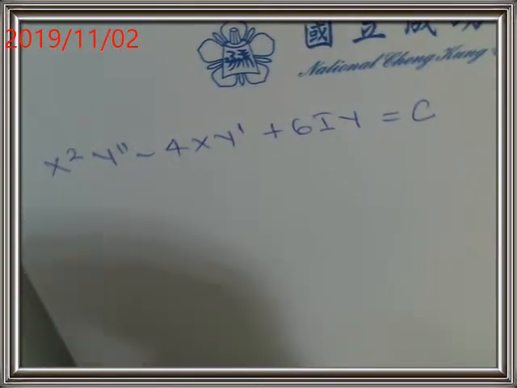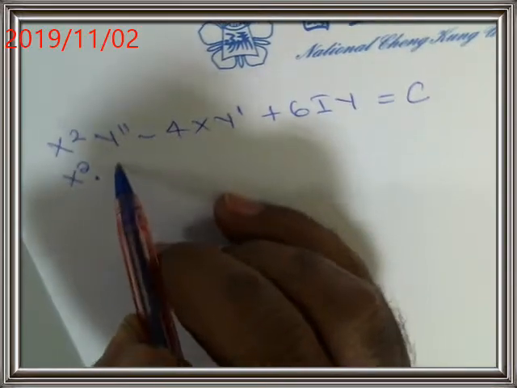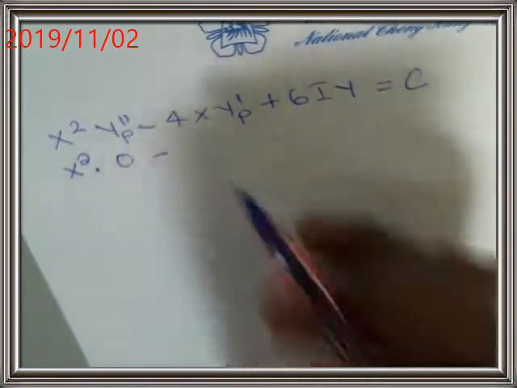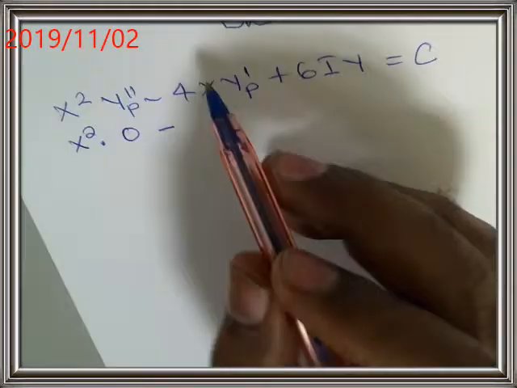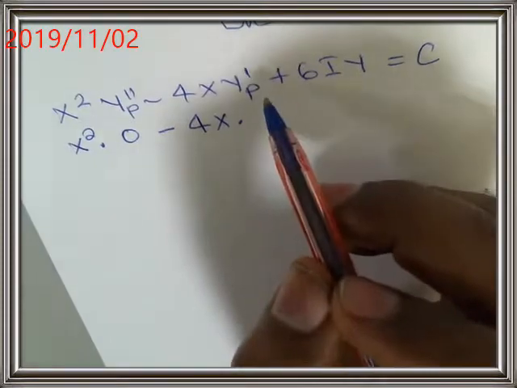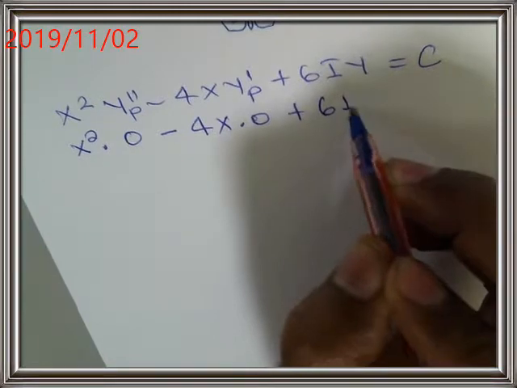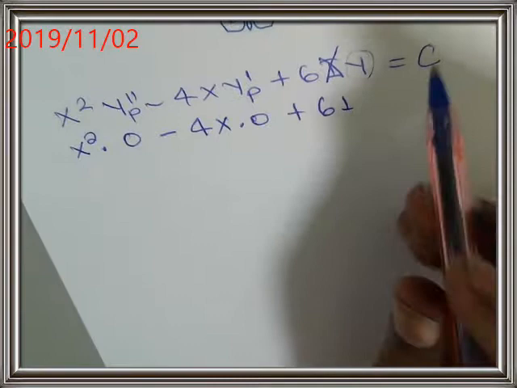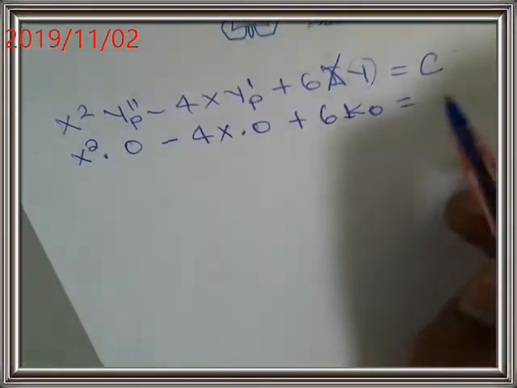Okay, so if we substitute, x squared times the second derivative of the particular solution, which is 0, and 4 times x times the first derivative of y, which is also 0, plus 6 times, sorry, we have no i here, y, is how much? k naught, right?